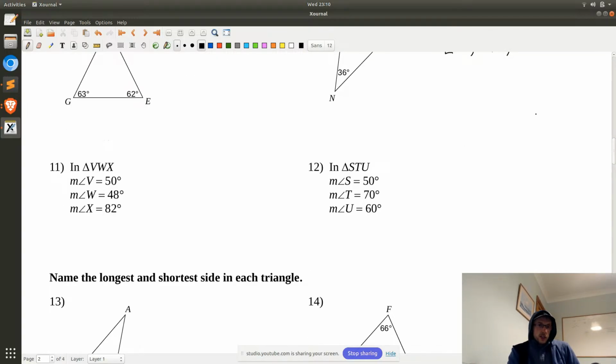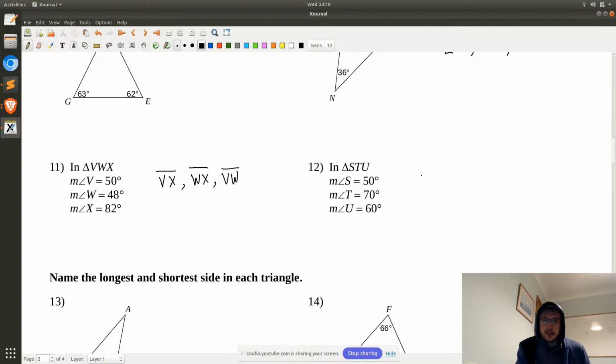In the triangle VWX, the shortest side must be VX, followed by WX, followed by VW.